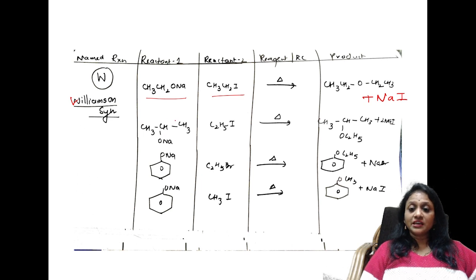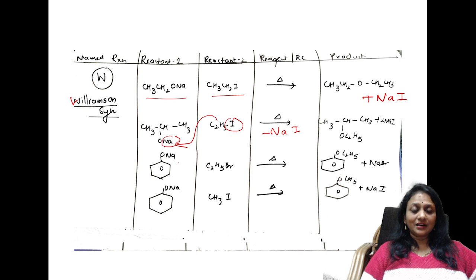Remember students, if you have a secondary alkoxide, what will happen? Check carefully, there is a removal of NaI, and your ethyl comes and attacks this position. There's formation of an unsymmetrical ether.